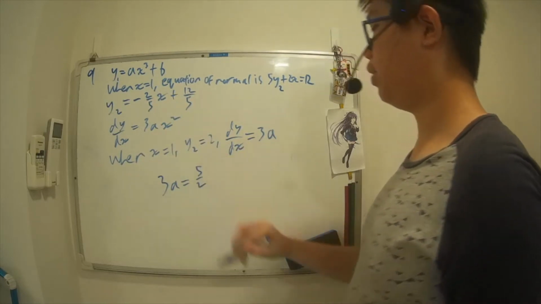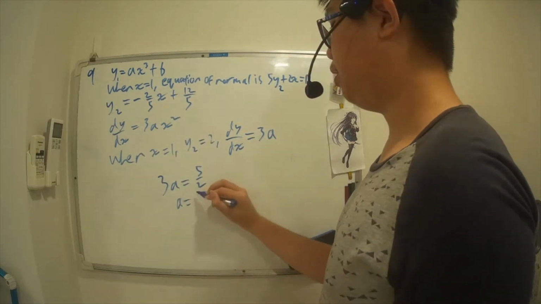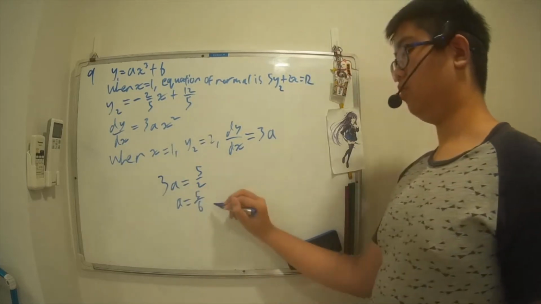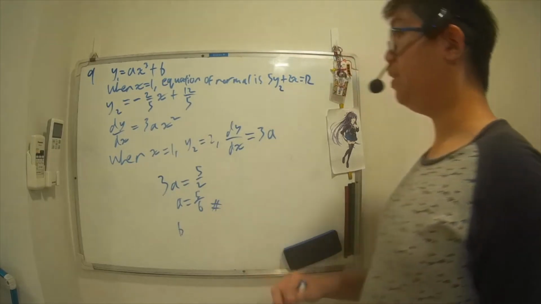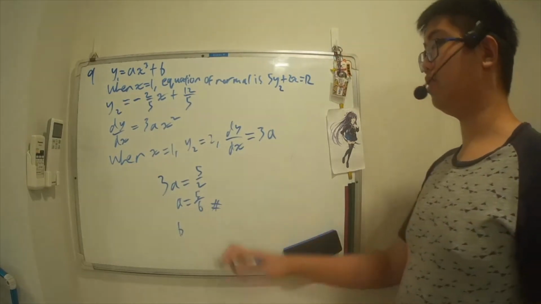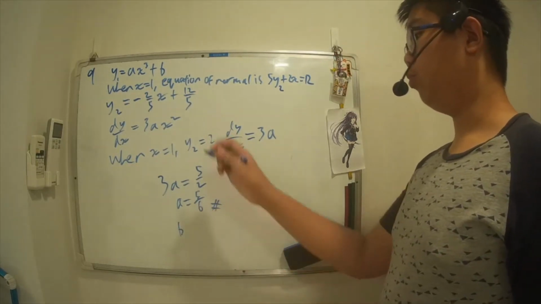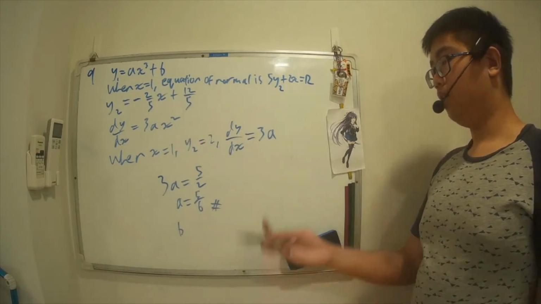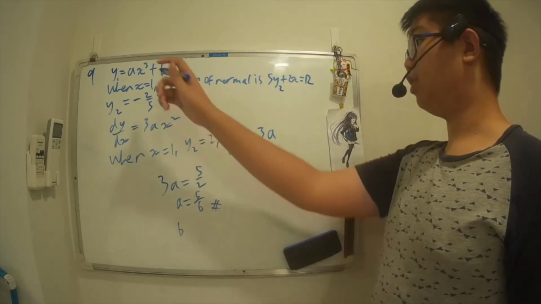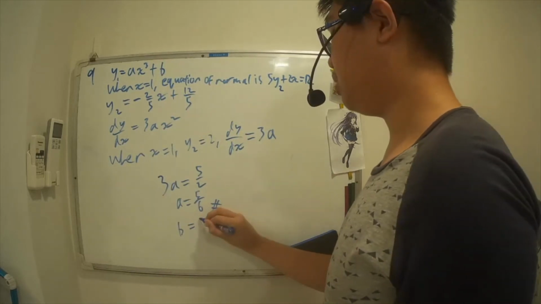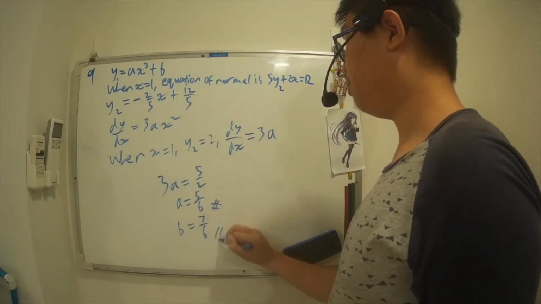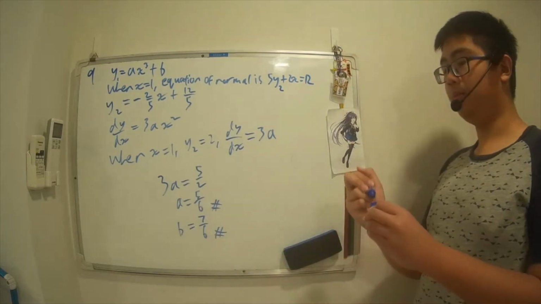Therefore, a is equal to 5 over 6. Simple? And then what about b? When x is equal to 1, y1 is also equal to 2, so b will just be equal to 7 over 6. Very simple.